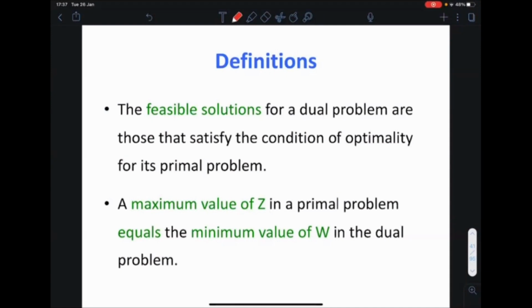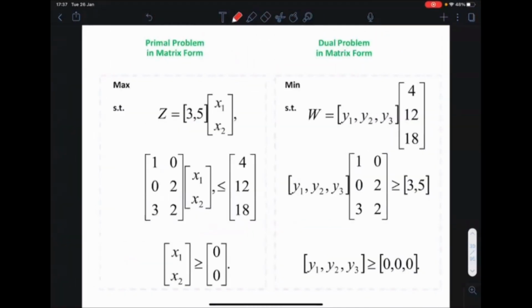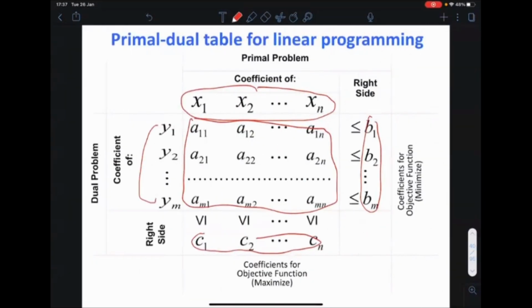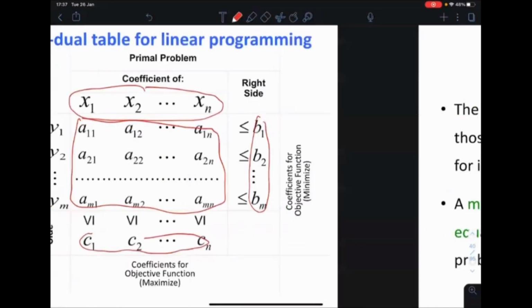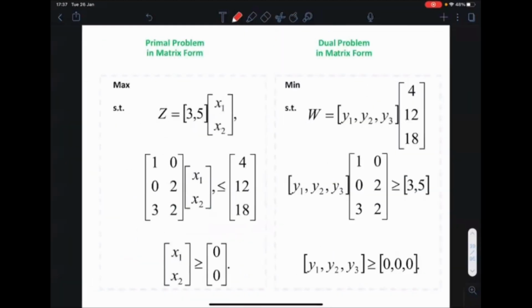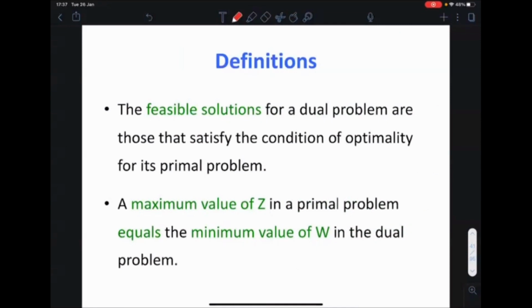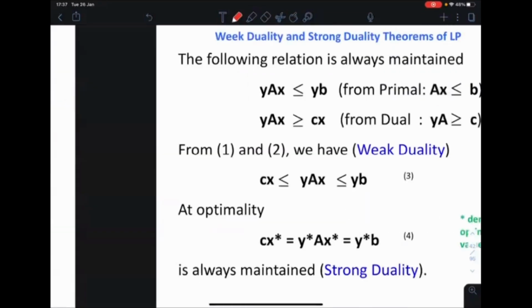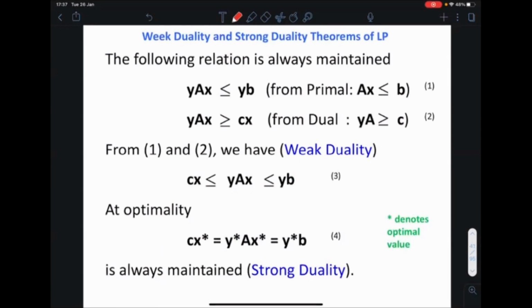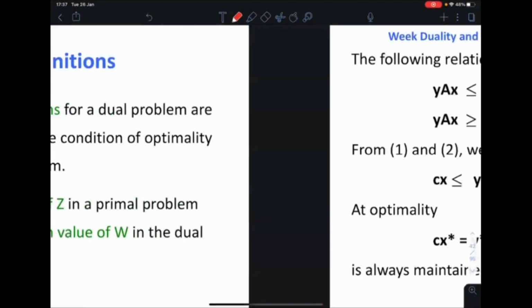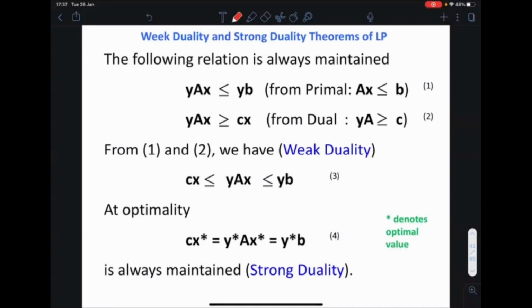If you write this as a max and min problem, the maximum value you obtain in your objective is equal to the minimum value you obtain in the dual problem. That is the strong duality specified in LP.